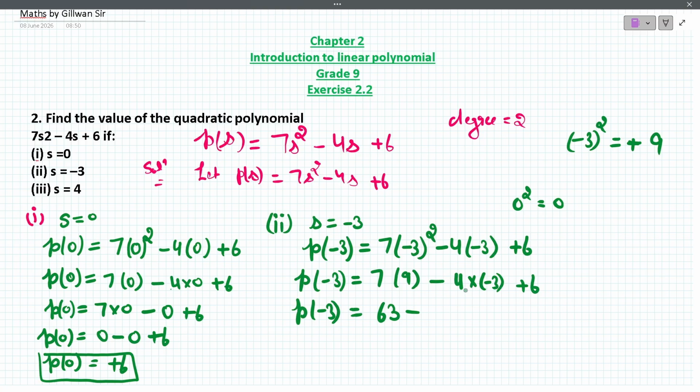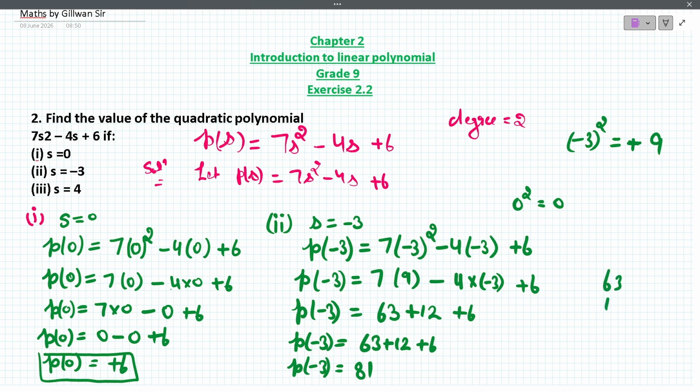So minus multiply minus is plus, and 4 threes are 12, plus 6. 63 plus 12 plus 6, and this all will add up to 81. Now you can check it: 63 plus 12 is 75, plus 6 is 81. In the same way, you can find the value of the given polynomial at s equals 4 and you will let me know the answer in the comment box.